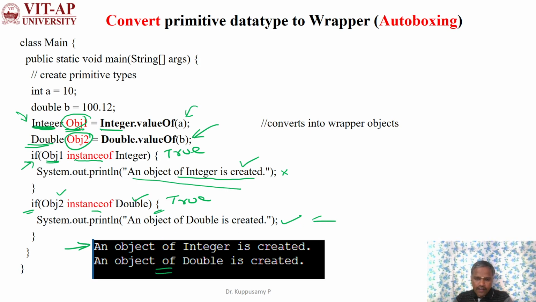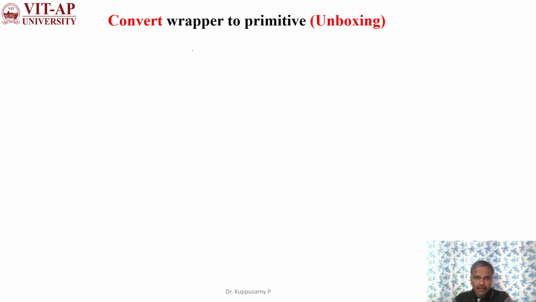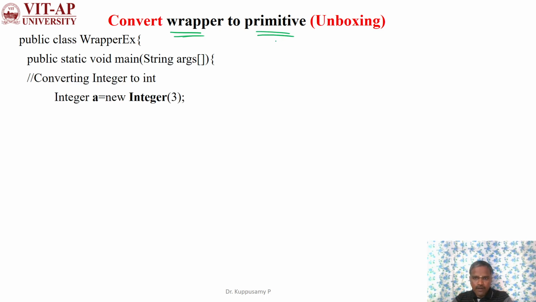If you want to add more statements here, you can add them as per the user's requirement. This is called autoboxing: a primitive data type is converted into a wrapper class object. Converting a wrapper class object back into a primitive data type is technically called unboxing.